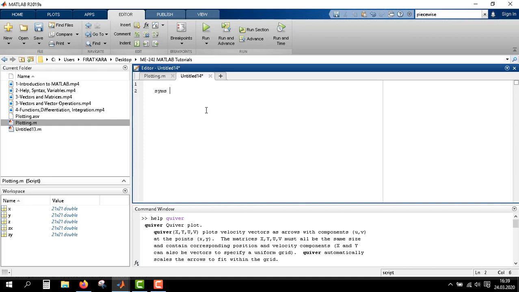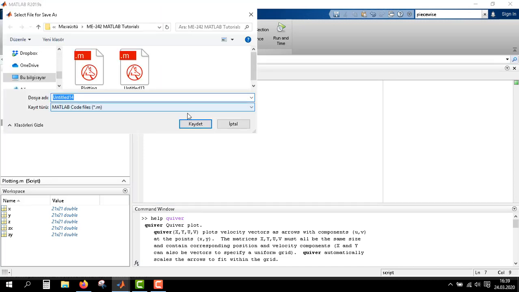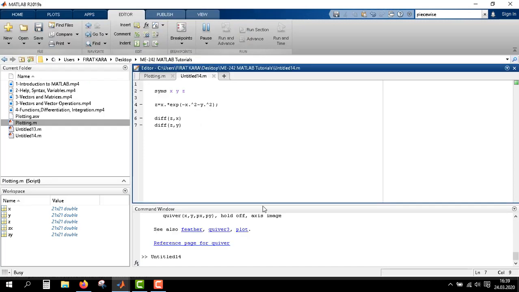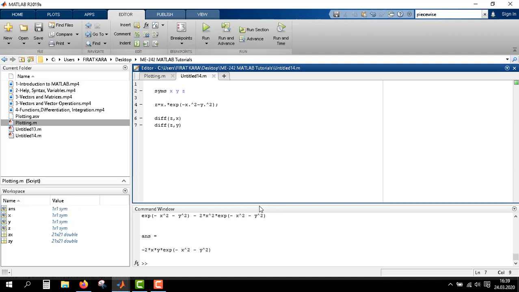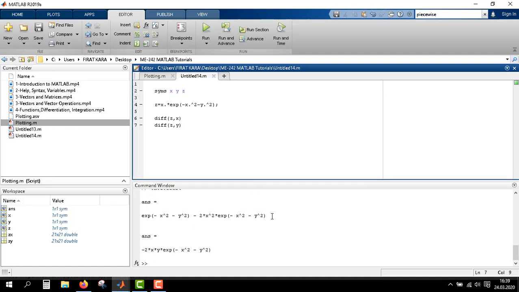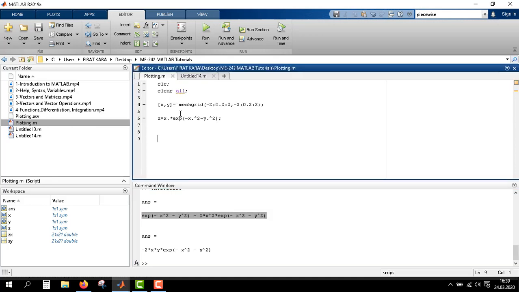Okay. This is our function, you know. Let's differentiate it with respect to x and with respect to y. Yes, we have the gradients now.